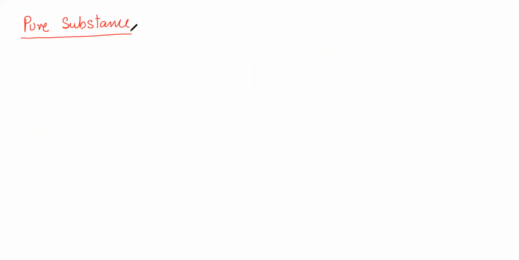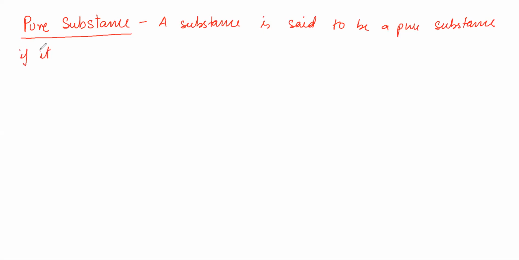So remember, a substance is said to be a pure substance if it is homogeneous. The first point is, if it is homogeneous in chemical composition.